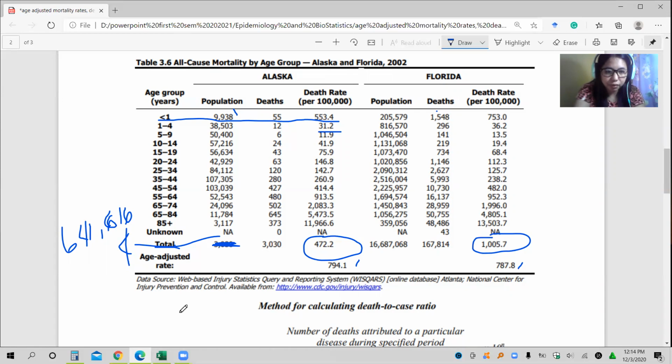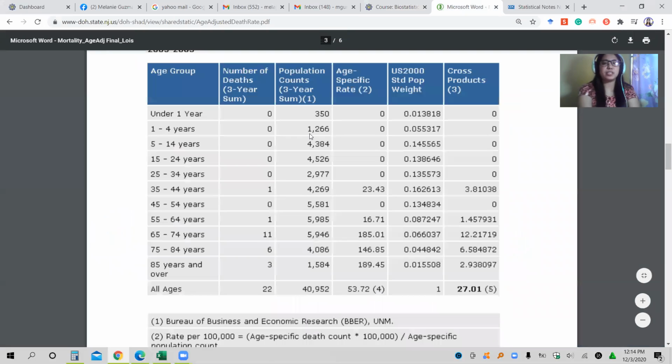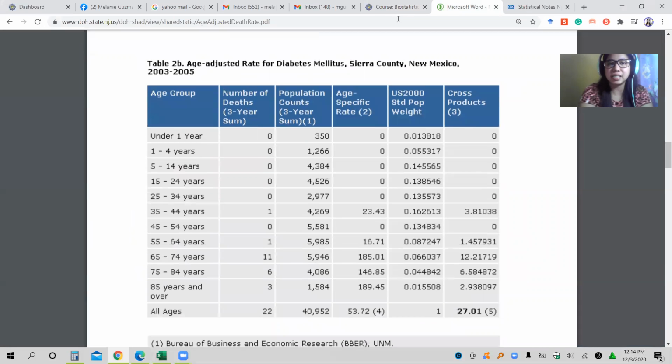And just to show you an example of that, let us consider this. This is an example also of the computation of the age-adjusted rate, but for particular cases. It's a case of diabetes mellitus.